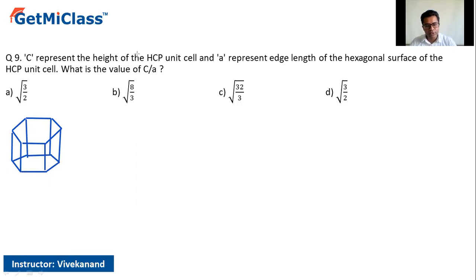In this entire structure, these are the points which are occupied by the particles. Now, in the middle of these particles, we are going to have one particle over here, one particle over here, one particle over here. So these are the three particles.